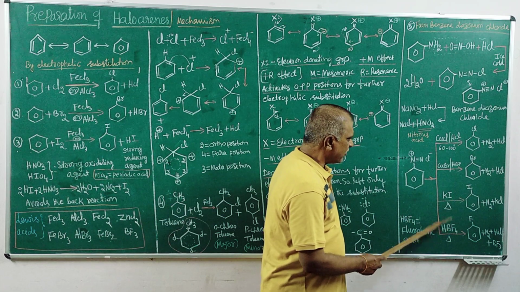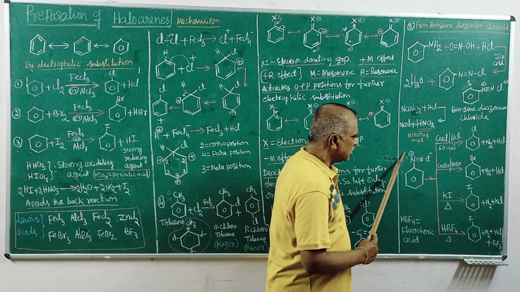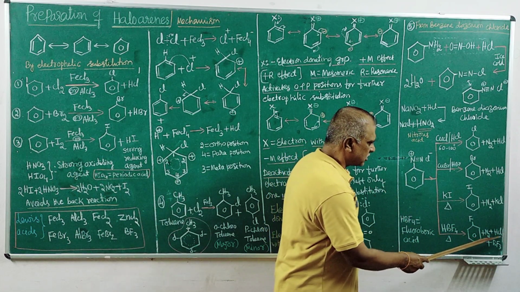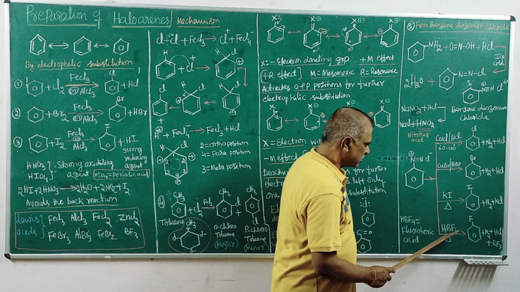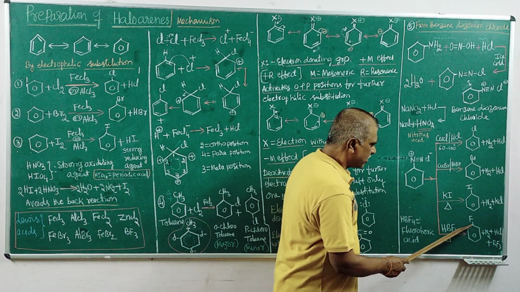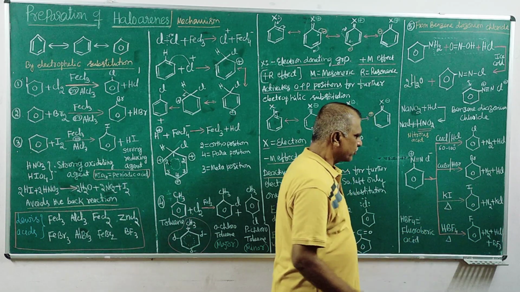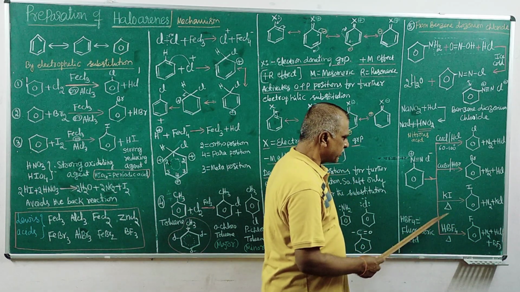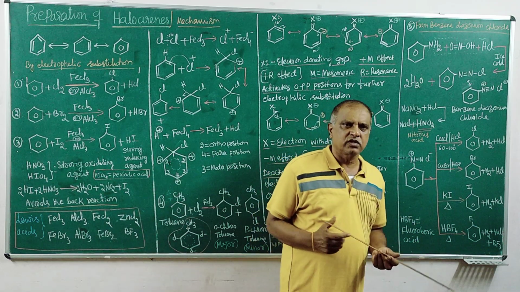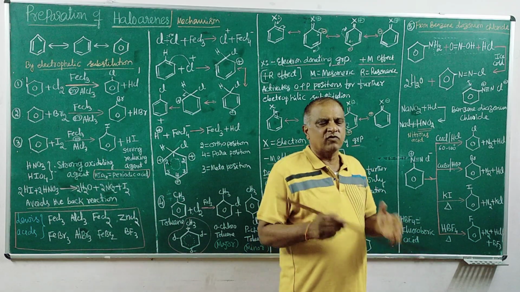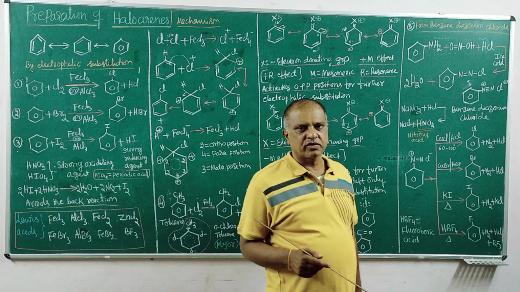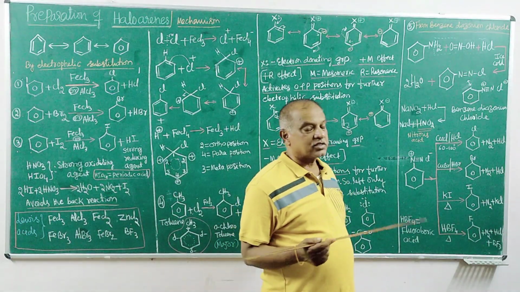So this acid will have an effect on this. It will remove this as BF3 and N2, and there is substitution by fluorine. This fluorine is the fluoro derivative. This acid is very important because it is a very strong acid. It is usually used to dissolve scale formation in oil wells.